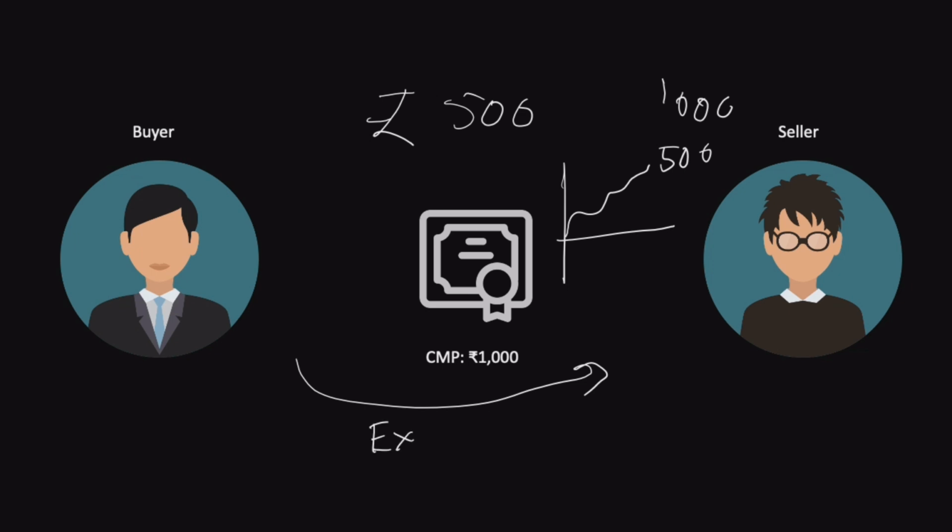They can then resell the stock for 1000 rupees, profiting from the difference. This exercise request prompts the seller to transfer the stock to the buyer at the agreed strike price. This is known as an assignment. So when the buyer sends the request for the transfer, that is known as exercise. When the seller transfers the stock, it is known as assignment.